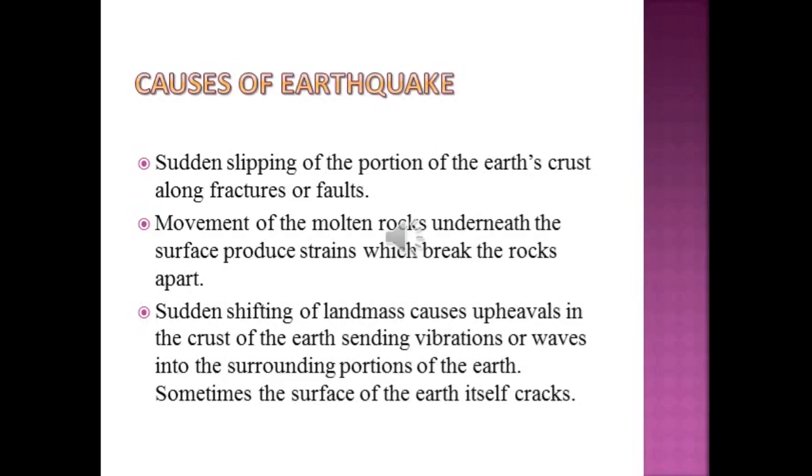So the main cause of earthquakes is the movement of the plates. Why are the plates moving? Because they float over the molten rocks. That's why there is a chance of earthquake.